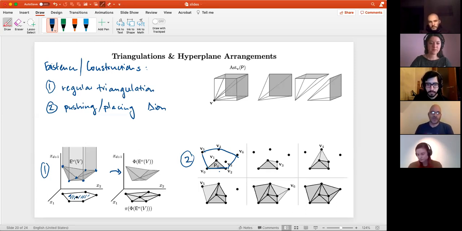Yeah? And so now what I do is I start with d+1 points that are affinely independent, make a simplex that we can certainly start out with. Yeah, and then I recursively add a point and recursively construct new simplices.